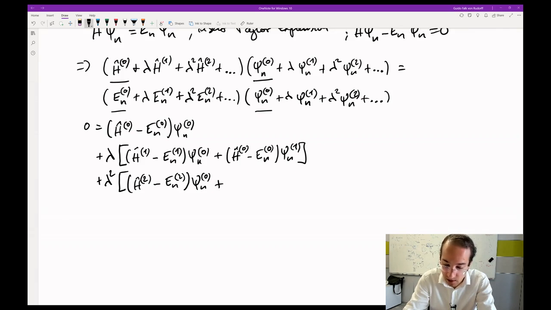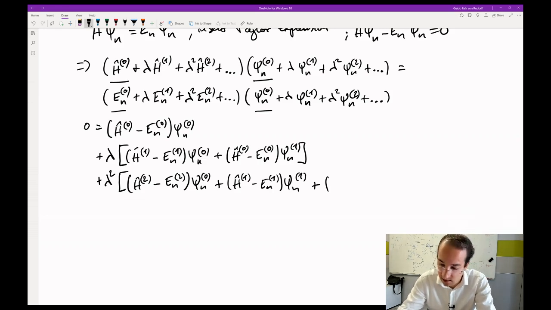So that would be 1 minus, plus those cases where the Hamiltonian and the corresponding energy are 0 order in lambda, and the wave function is quadratic in lambda.